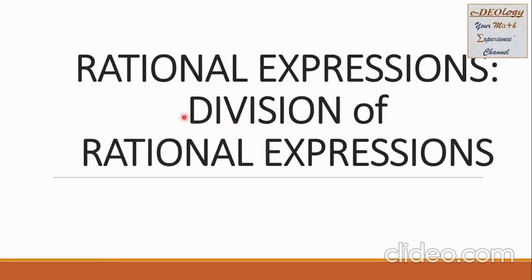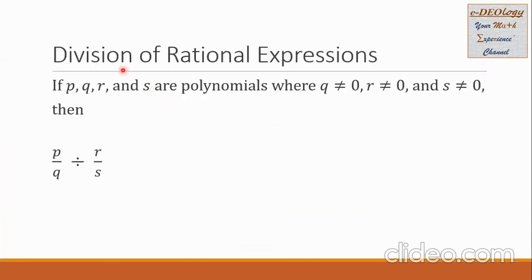Today we're going to study division of rational expressions. Let us have the formal definition of division of rational expressions.